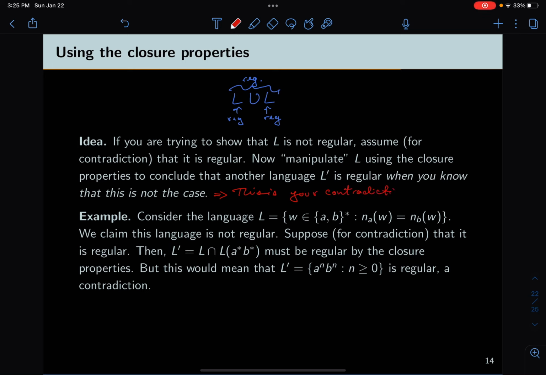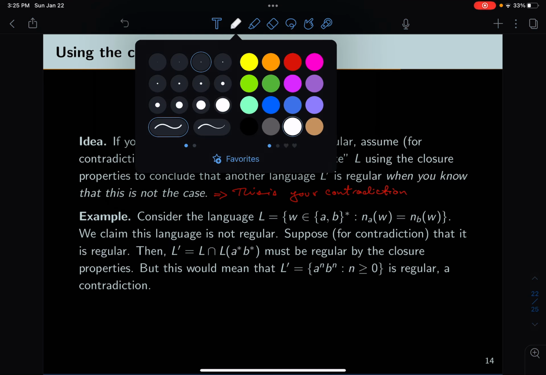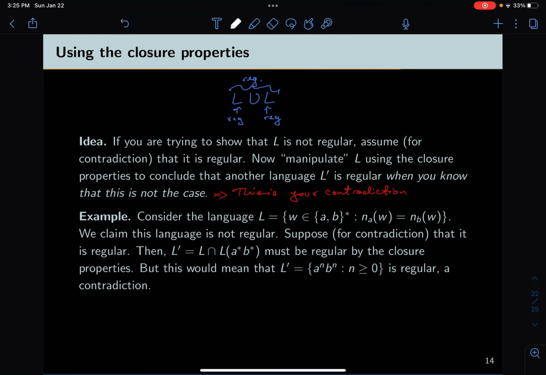So a quick example of this, because this might seem very hand-wavy: consider a language over the alphabet {a, b}, which is the set of strings where the number of A's in the string is equal to the number of B's. The claim is that this is not regular.